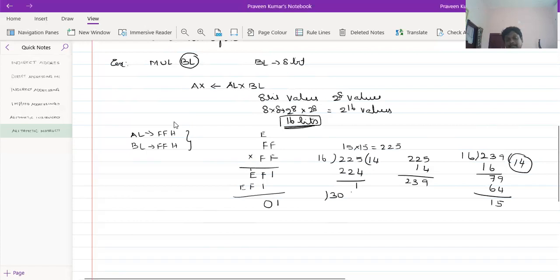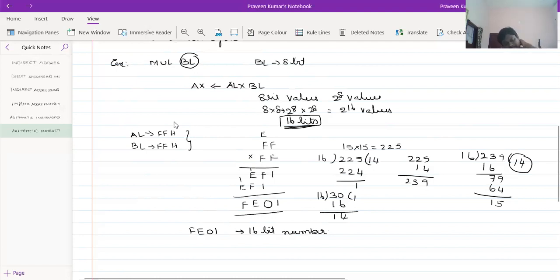If I divide by 16, it will be one time with remainder 14, so I'll be getting E. The remaining 1: E plus 1 will be F. So if I multiply FF into FF, the largest values available, I'm getting the value FE01, which is a 16-bit number.